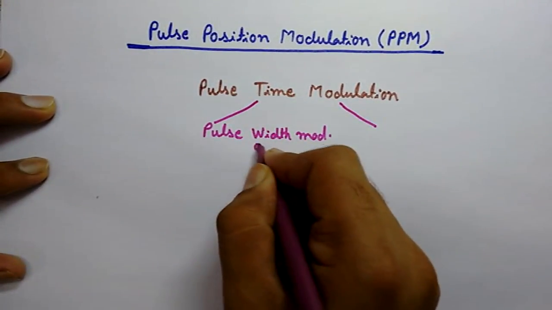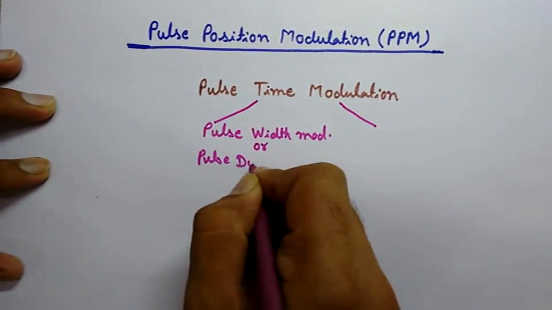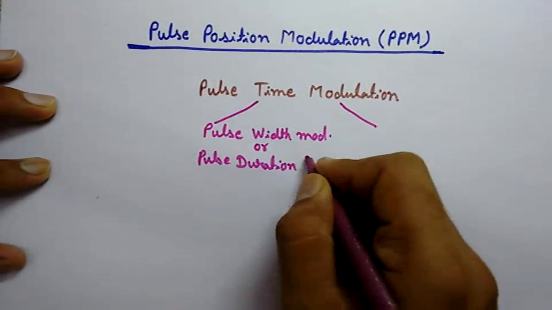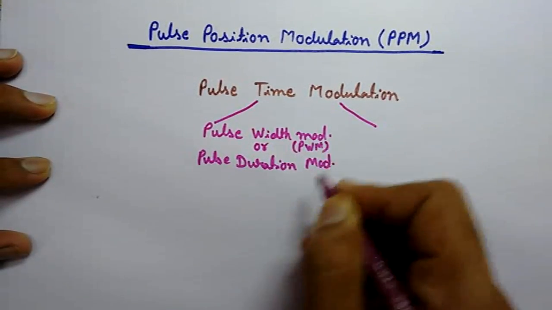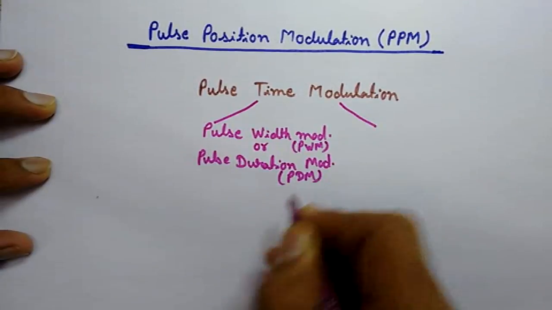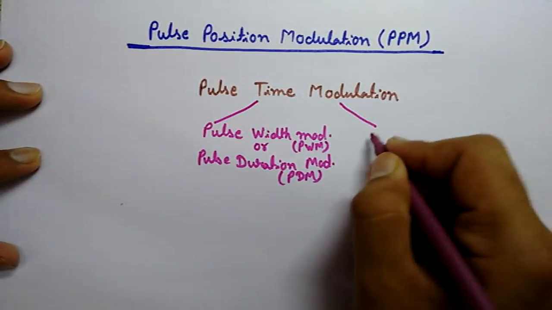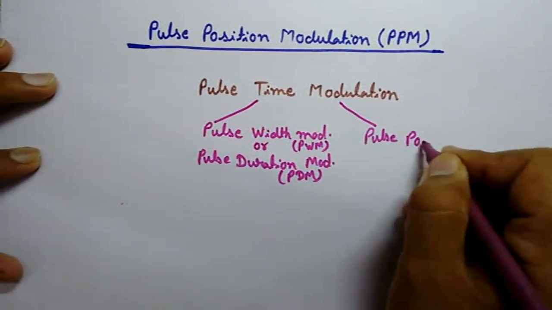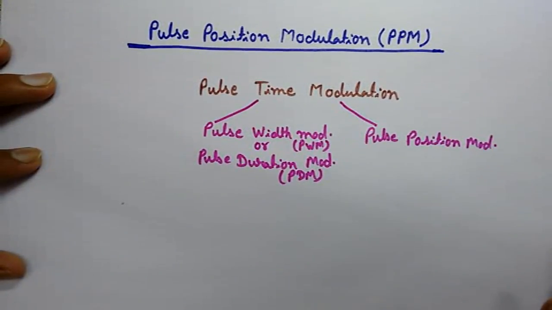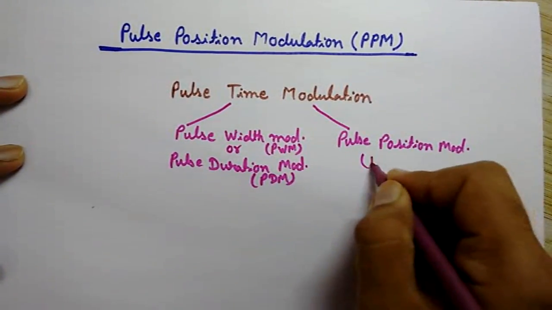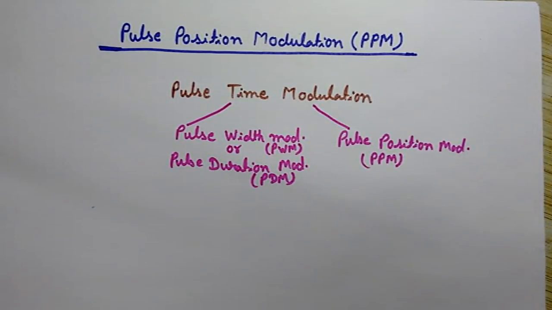It is also known as pulse duration modulation. This is PWM, and in short it is known as PDM. And another category is pulse position modulation. In short it is known as PPM. So we will discuss this PPM in this lecture.